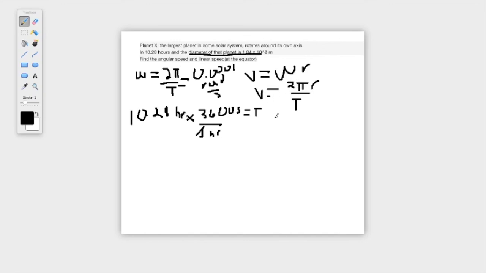Or if you want to use this equation, you can just say v equals pi times diameter over T. When you do that, you get an answer of 15,619.7 meters per second.